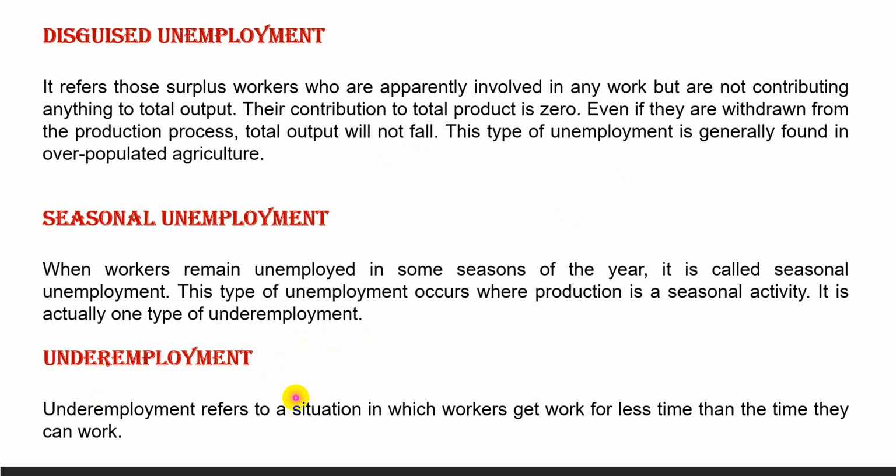Underemployment refers to a situation in which a worker gets work for less time than the time she or he can work. Thus, the person remains unemployed for some months in a year, or for some days in a week, or for some hours every day.